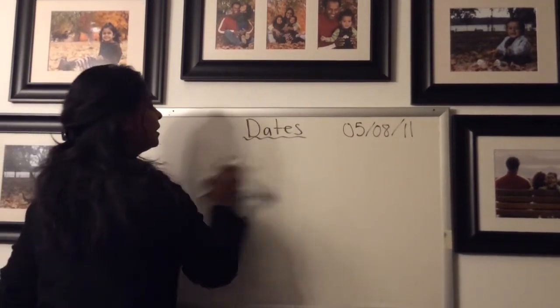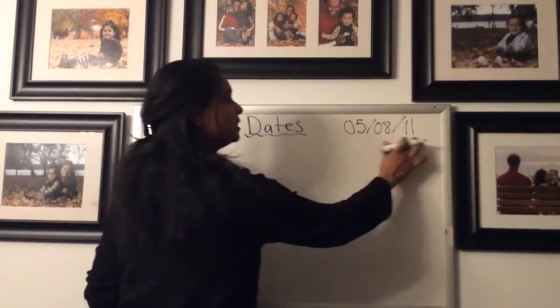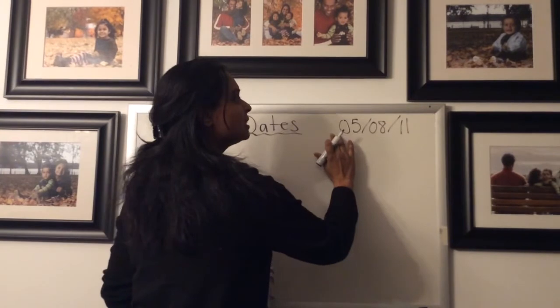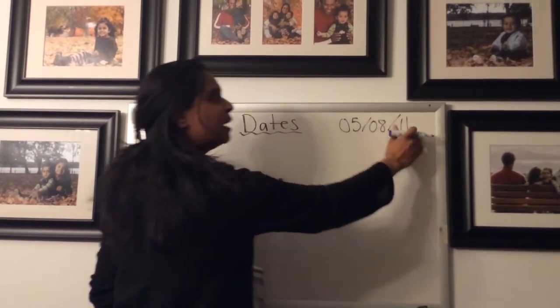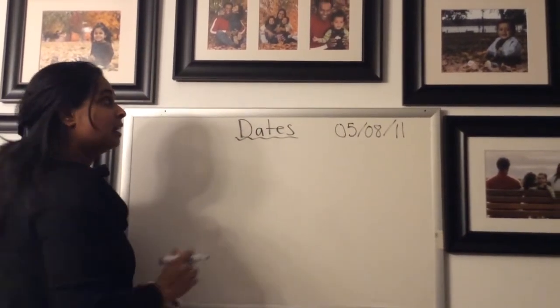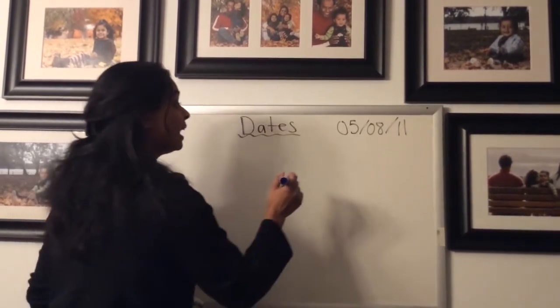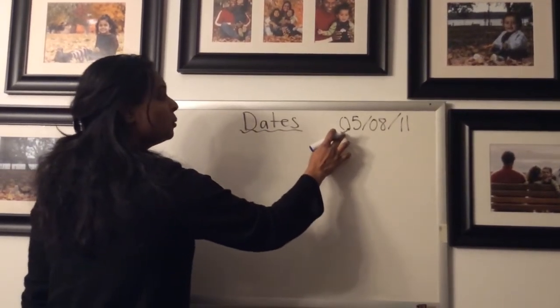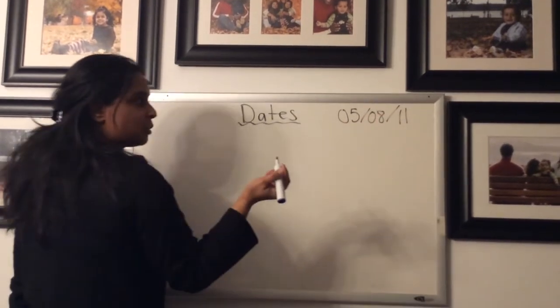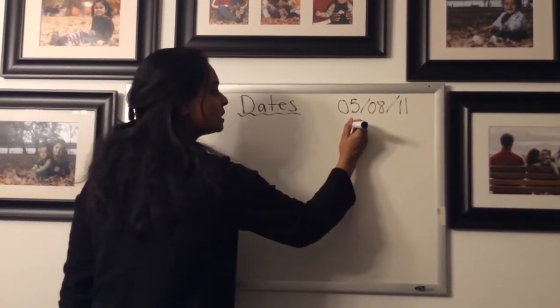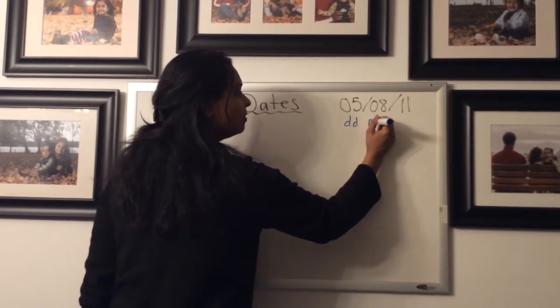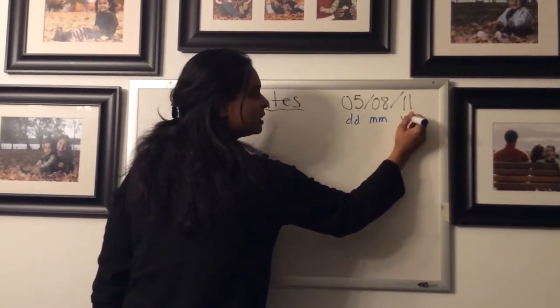Now in this particular date that you're going to see in your book, this exact one, it's going to say, now how many different dates could that mean? So you're going to have a few different lines. So I'm going to help get you started right now. So what you want to do is look at each one and just imagine what it might be. So maybe this goes day, month, year, and we can start like that.